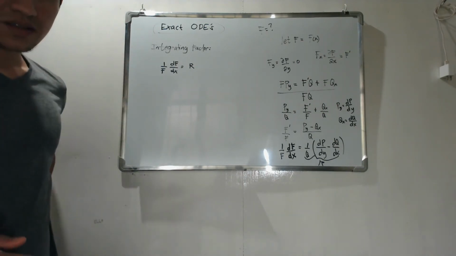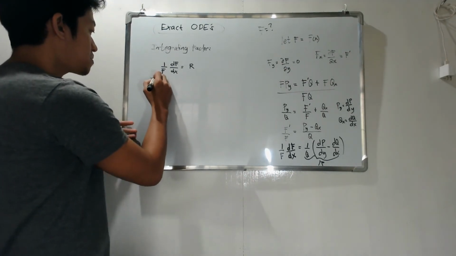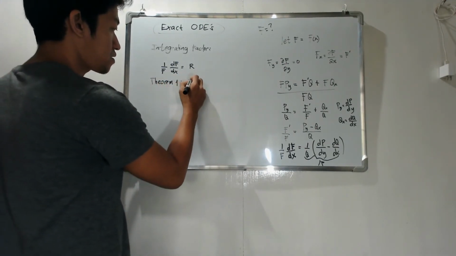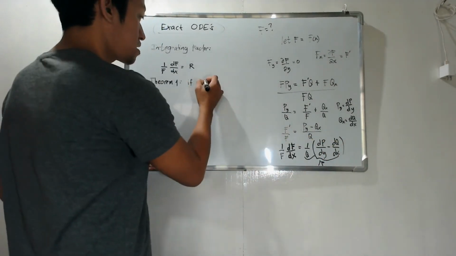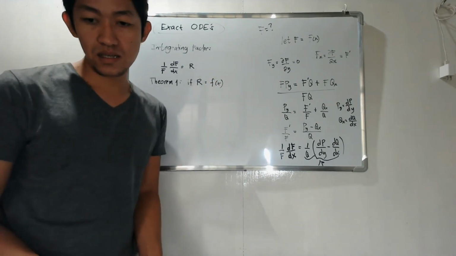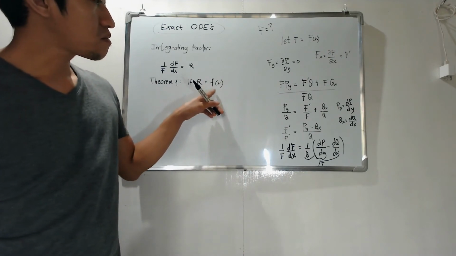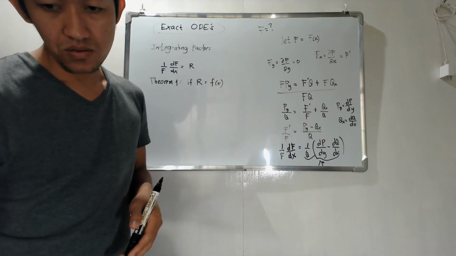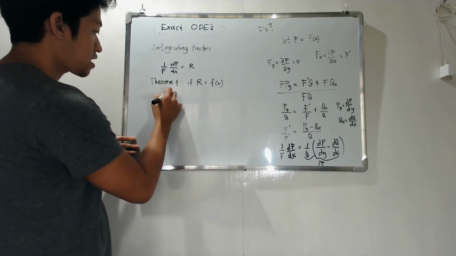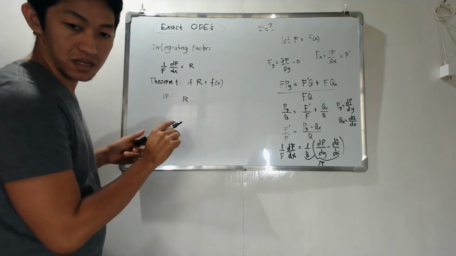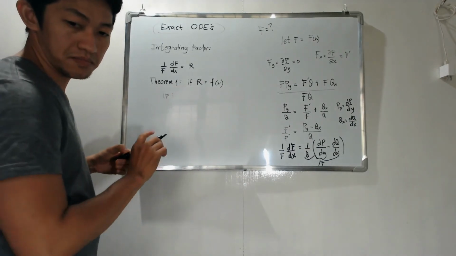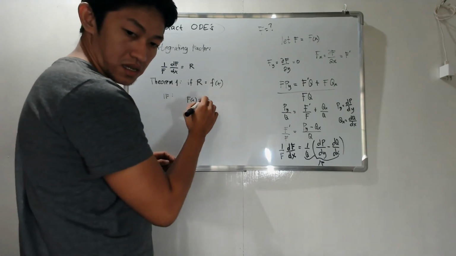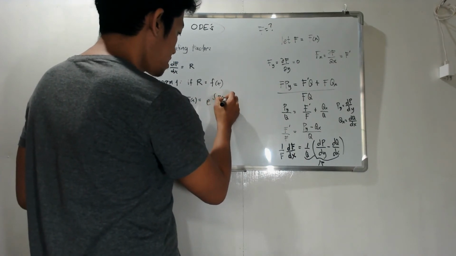So we have theorems for this. Theorem number 1 is that if your R term is composed only of x, meaning the only variable in that term is x, then the integrating factor f is equal to e raised to the integral of R of x dx.